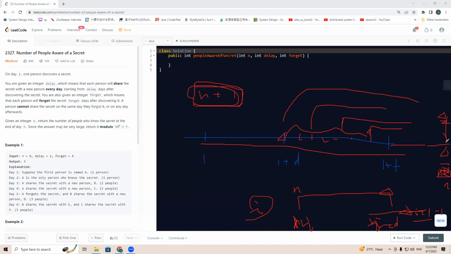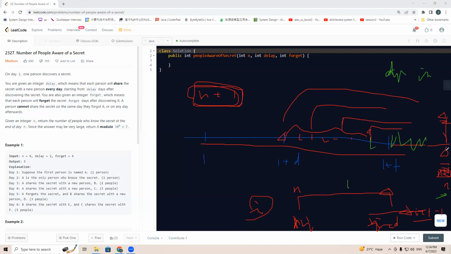Not only the newly generated people, we still need to calculate the people who didn't forget the secret. There may still be people alive here, as long as they didn't forget the secret.